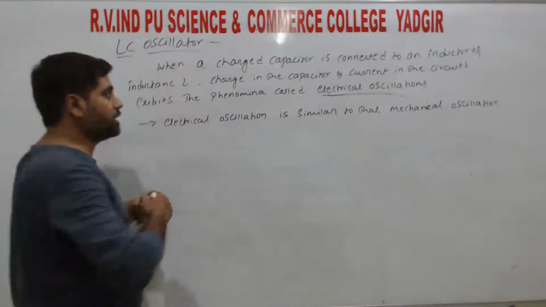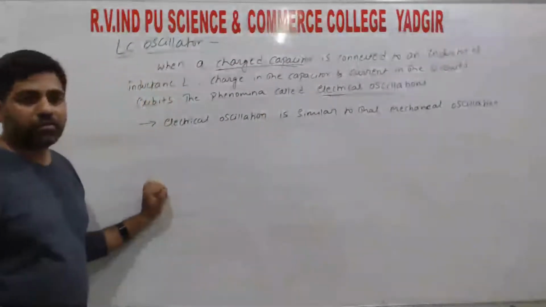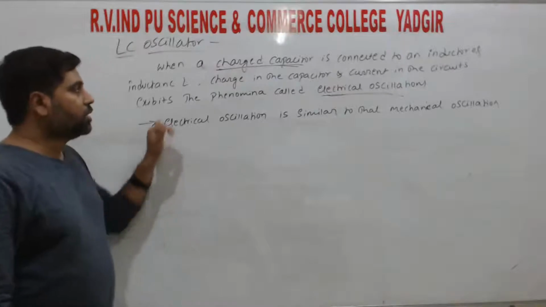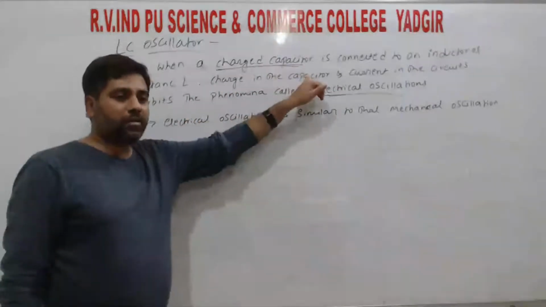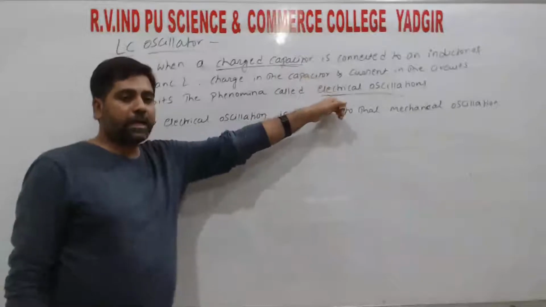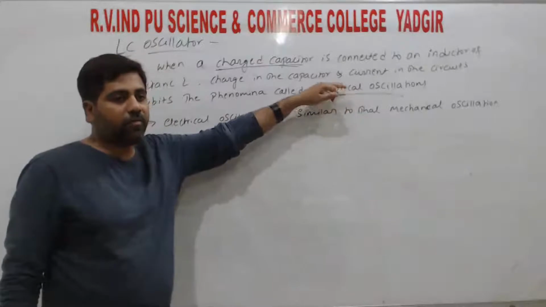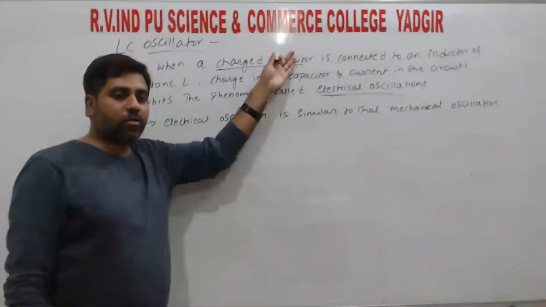So this is when a charged capacitor is connected to the inductor. If one charged capacitor is connected to an inductor, what happens? The charge in the capacitor and the current in the circuit give the electrical oscillation. Electrical oscillations mean energy is transferring from capacitor to inductor and again from inductor to capacitor.